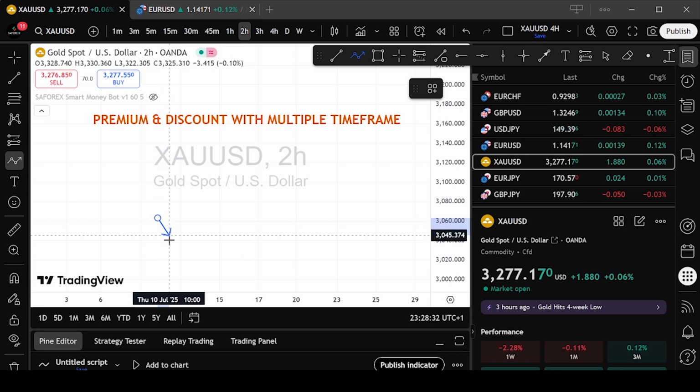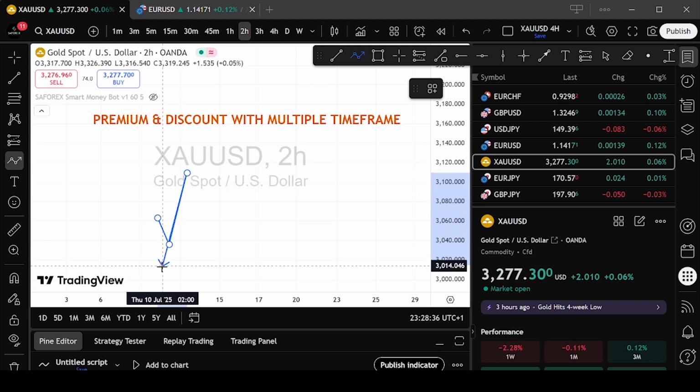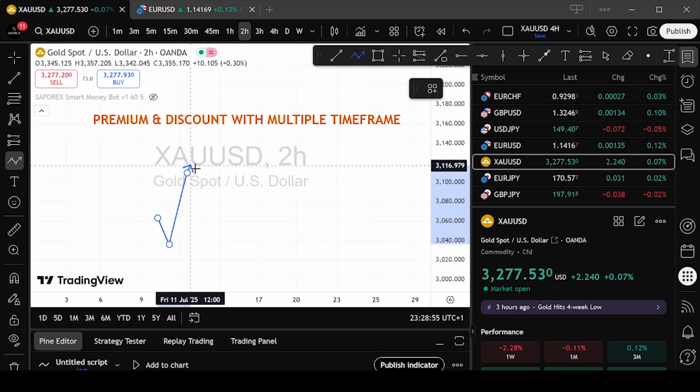Once price is moving in an uptrend like this, the difference between this low and this high is what is called the range. This is the swing low. The market will form a 3-candle pattern or an engulfing candle here that will form the beginning of a continuation trend, and you want to see where price ended.